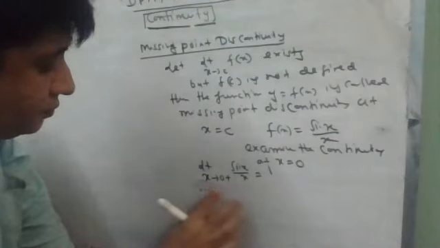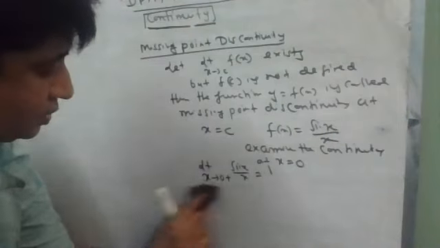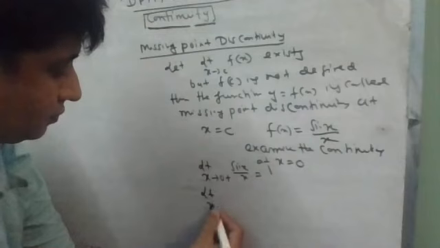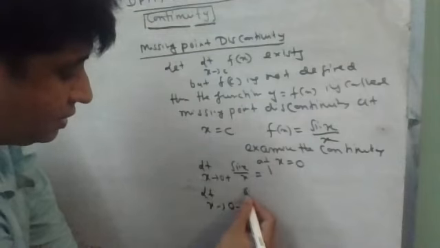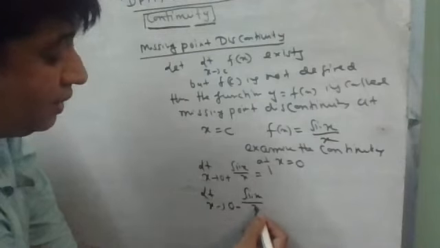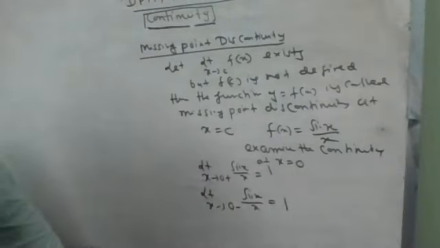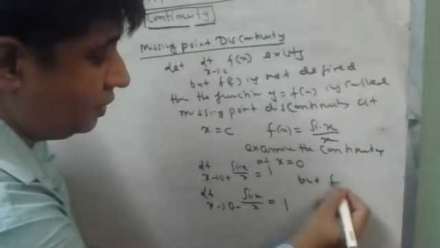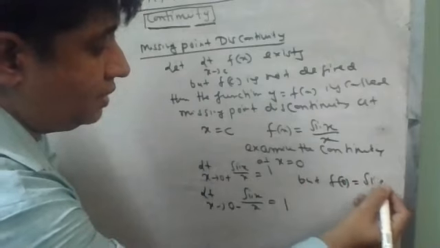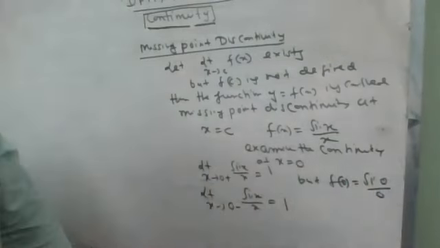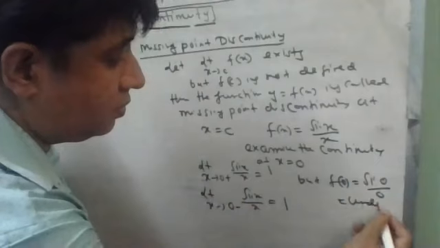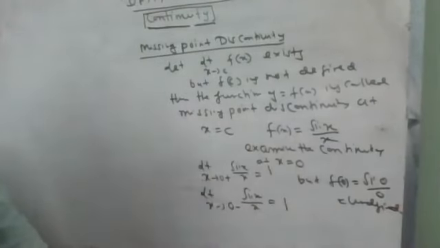Limit x tends to 0 minus sin x by x is also 1. But f(0), that is sin 0 by 0, is undefined.